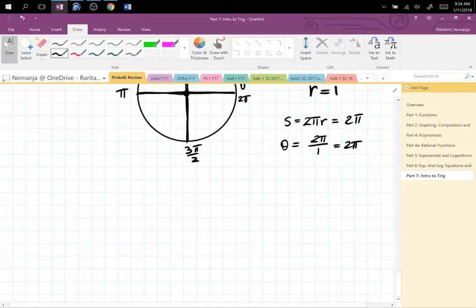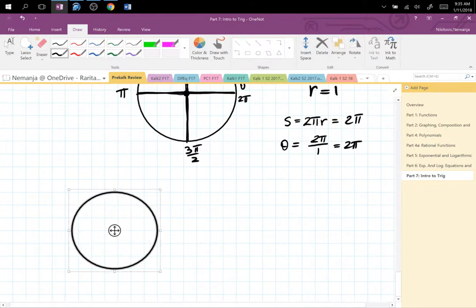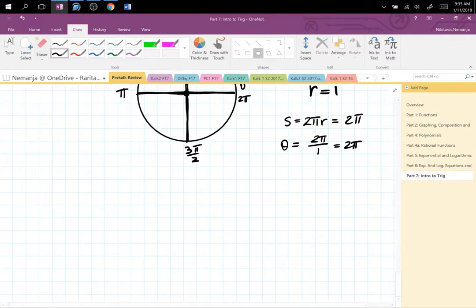Now let's see these divisions. Can you count? 1, 2, 3, 4, 5? You go with that? Then you should have no issues dividing a circle using radians. So here's a circle. That's not a circle.